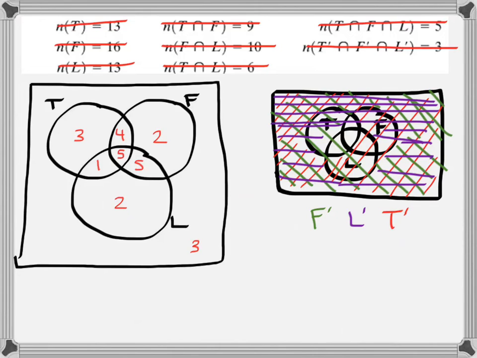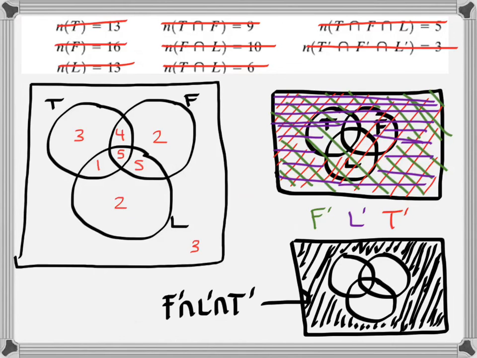Now this is pretty complicated to look at, but remember, since we're looking at the intersection, we want to look at where all three colors overlap. And when we clean this up, we see that they all overlap in the outside of those circles. So if I know the cardinality of T complement intersect F complement intersect L complement is 3, that means I need to put a 3 on the outside region.